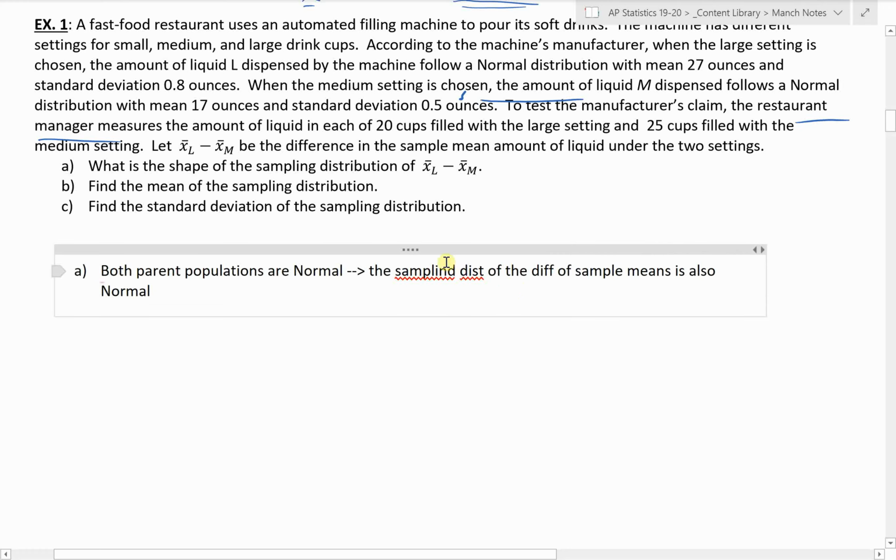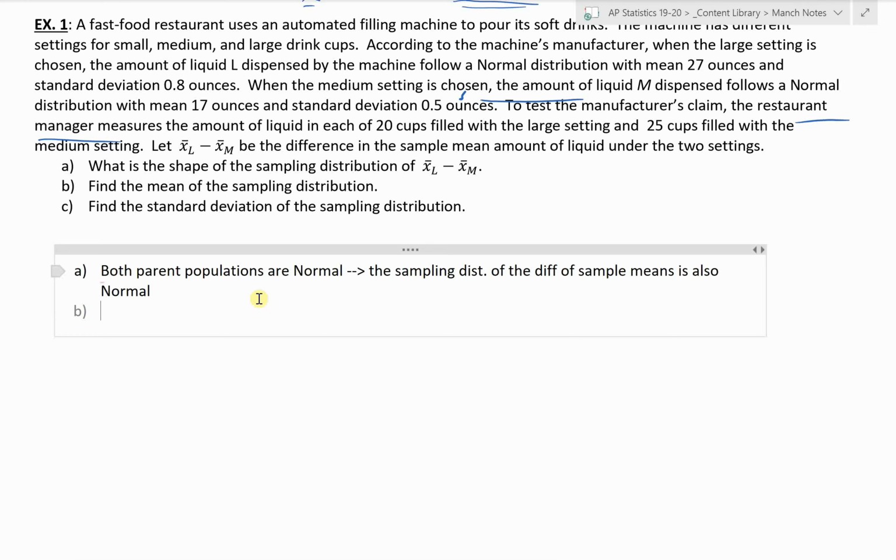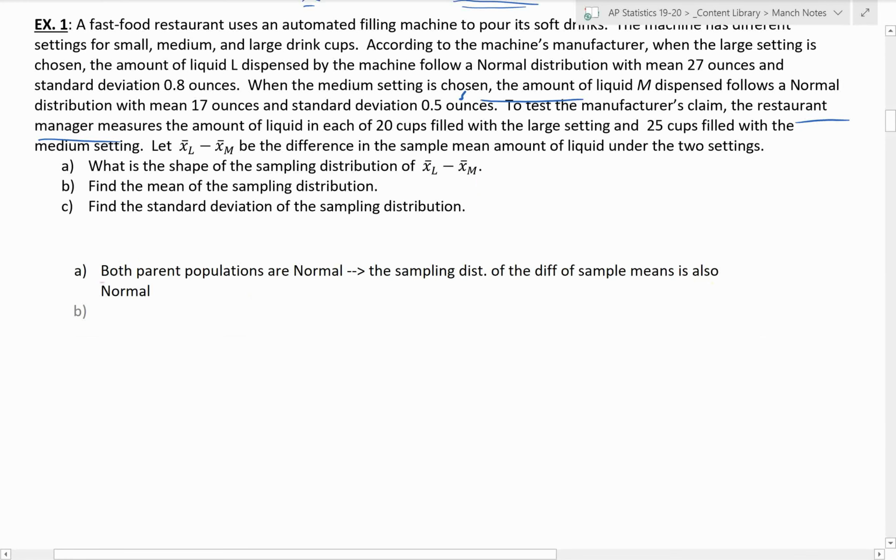In this case, we don't have to do the large sample condition, which wouldn't be met anyway, because we're told that the parent populations are normal. So we don't have to check any condition there. We can just go ahead and say, yep, the sampling distribution for the difference of sample means would be normal.